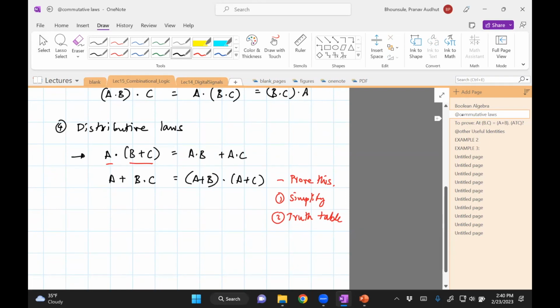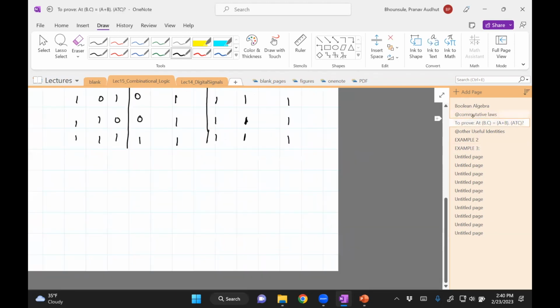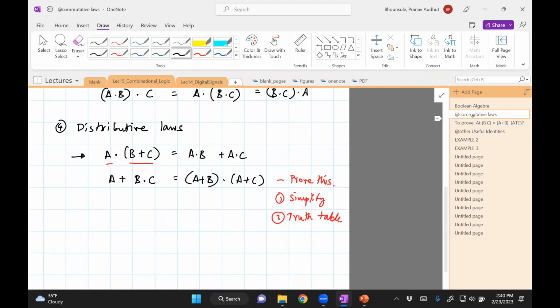A plus A dot B plus C. No, I thought it was this, but it's not that. So maybe I can't do that.